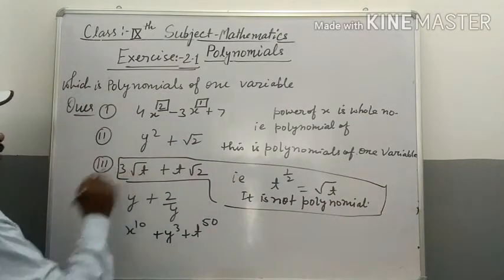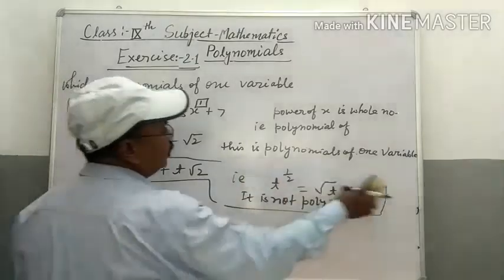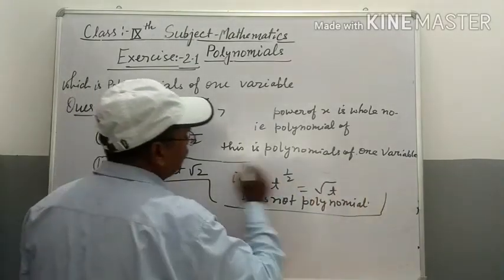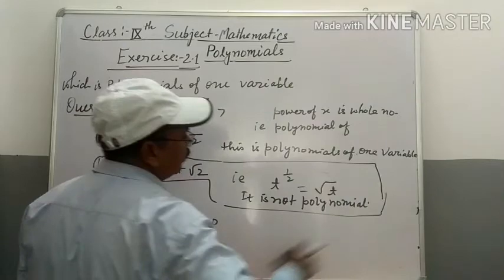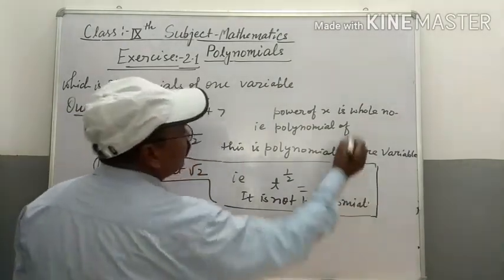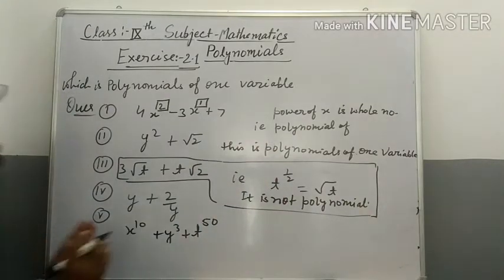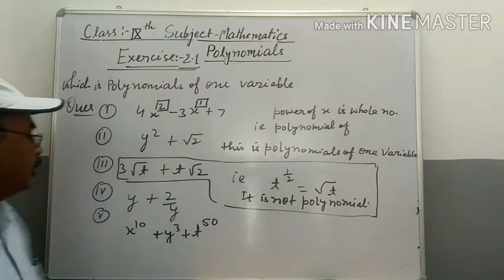What is the response for our answer? The only reason, students, is that the power of the variable t is not a whole number, it is a rational number. So it is not a polynomial.